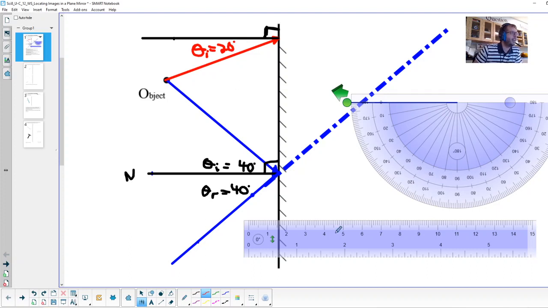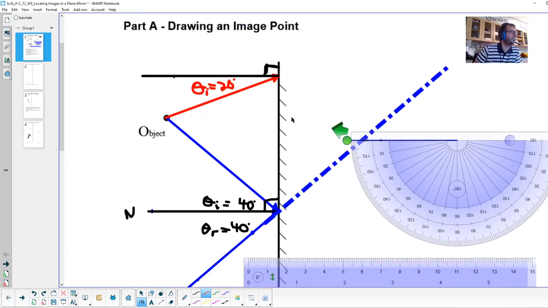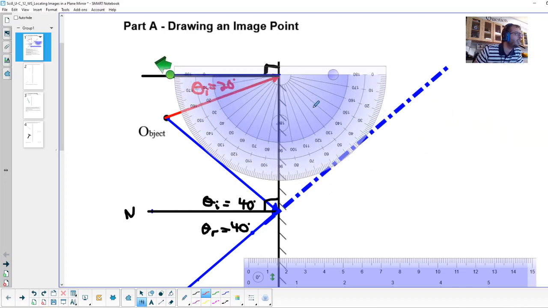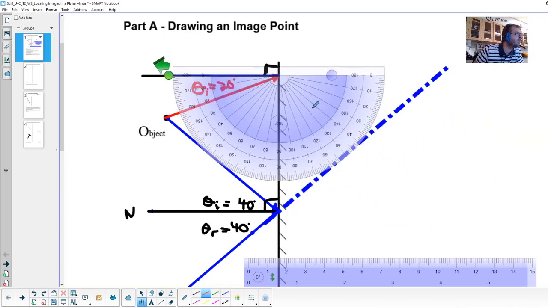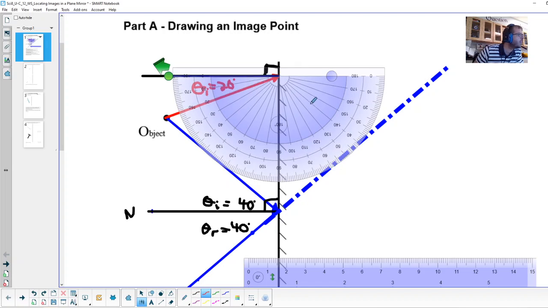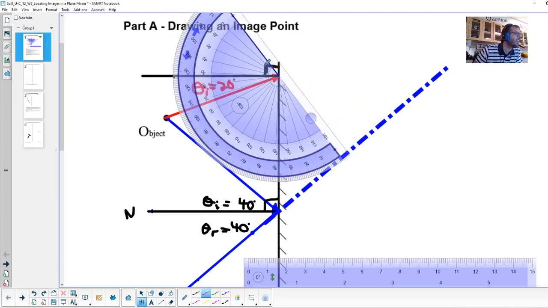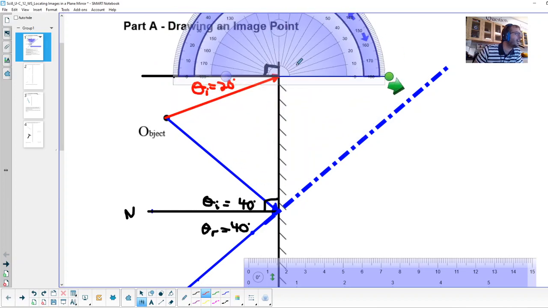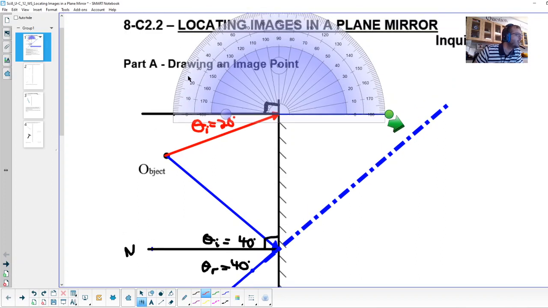And what we'll need to do now is measure off 20 degrees, and I'll just have to slide this up now. We're going to measure 20 degrees for the reflected ray. Get this lined up nicely here. That looks good there. And again, I am measuring from the normal, and I want to measure 20 degrees.